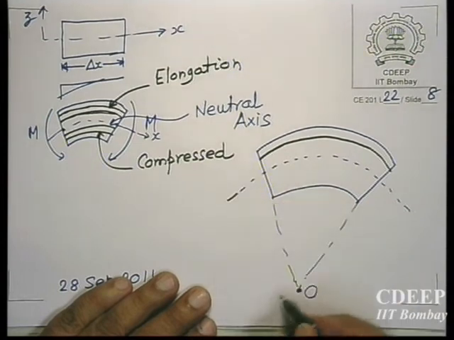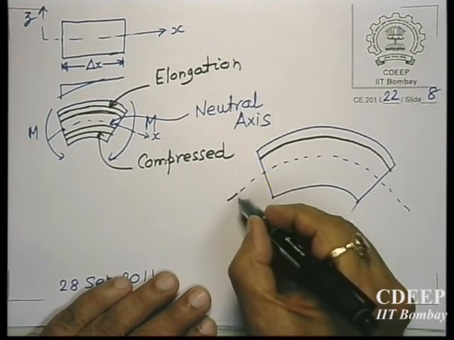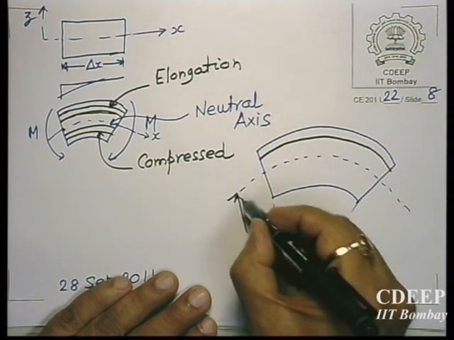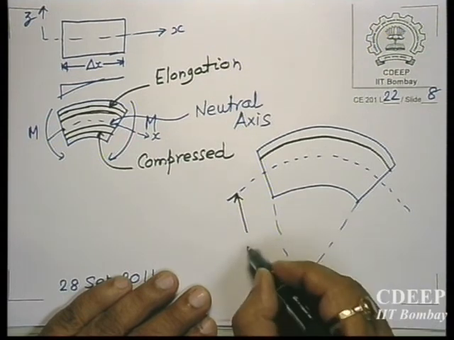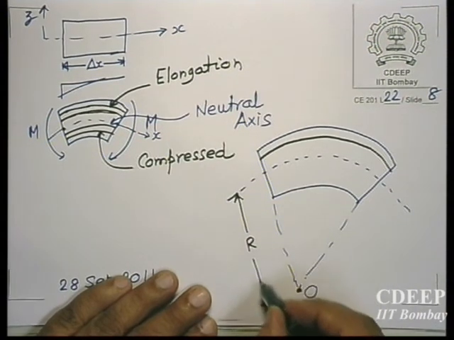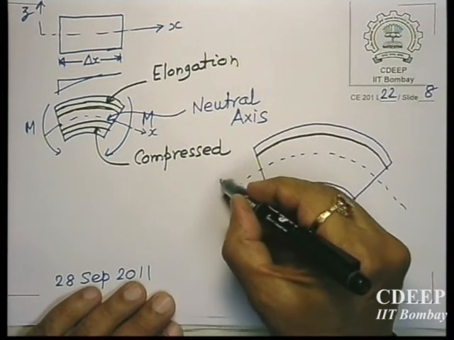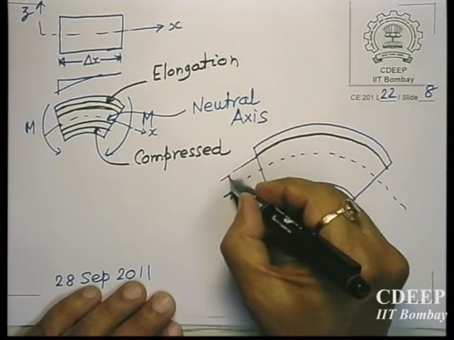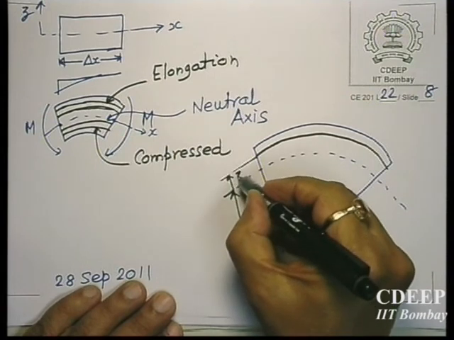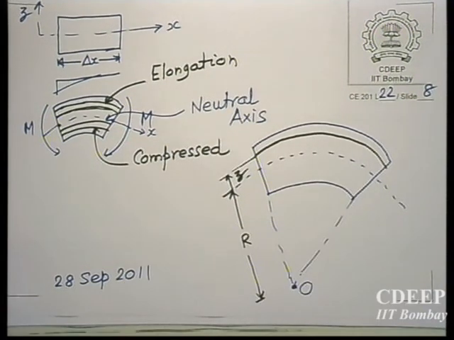Call this R, from the neutral axis to the center of curvature. This radius is R. Take a fiber at a distance Z from the neutral axis.